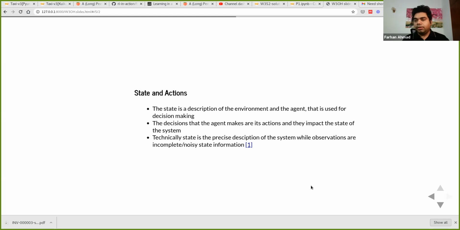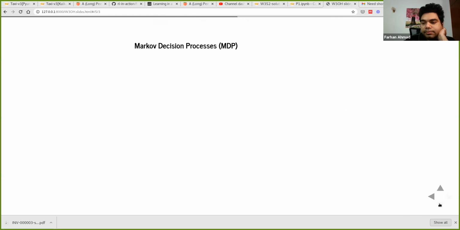But in the case of the taxi environment, and when we evolve our foosball environment to include more moving pieces, then you will see that state and observations have to be distinguished, like they are two different things, right? And then you will see MDP being referred to, Markov decision process. Of course, decision process refers to the sort of problems that we are solving, where you have a state, action, state kind of a chain.